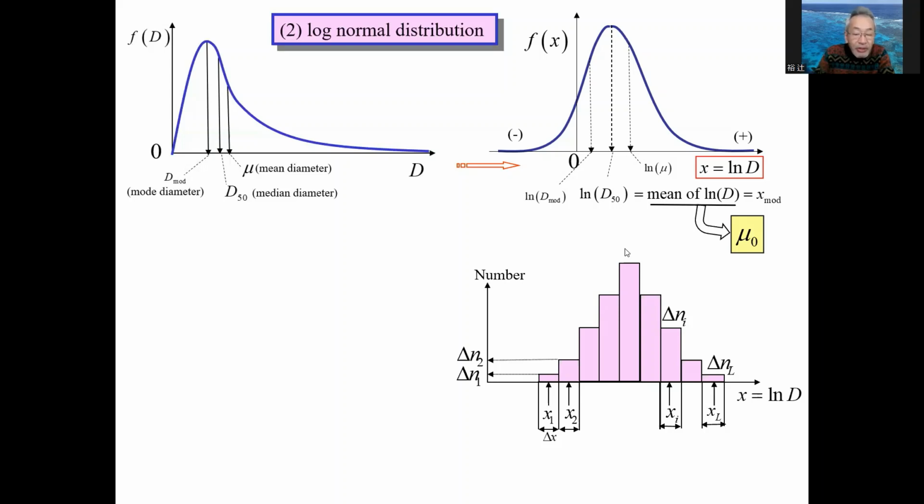The width of the segment is delta x. The number of segments is L. Log diameters x1, x2, etc. represent a segment. Each segment has the number delta n1, delta n2, etc. as its data. The total of delta n1, delta n2, etc. is capital letter N.